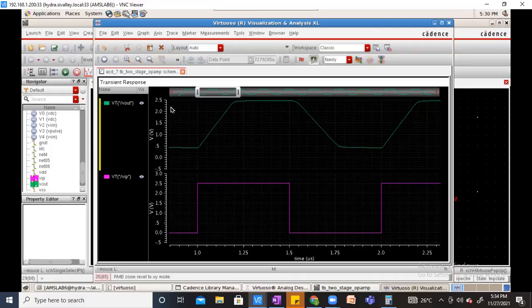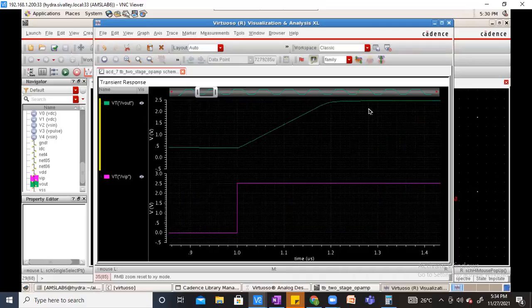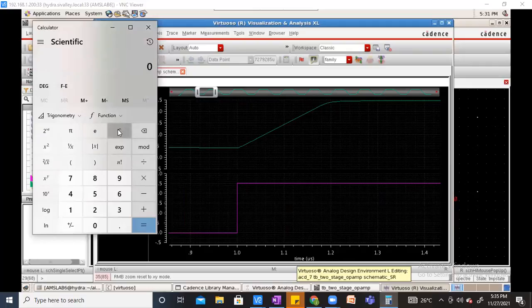So if you see here, 1% of your 2.5 volt is how much? 2.5 minus 2.5 into 99%, that is 0.99, minus 0.02, 2.47, 2.475.